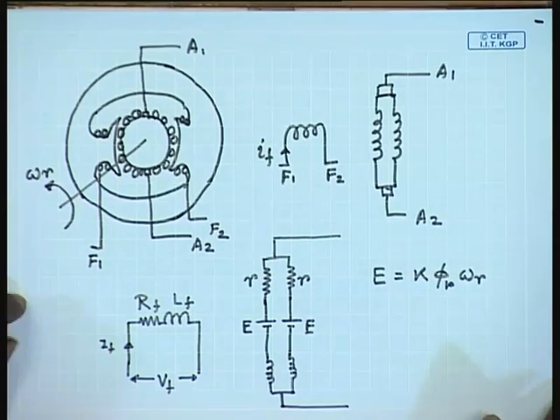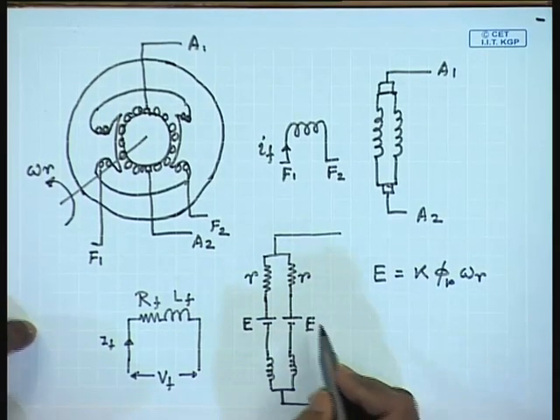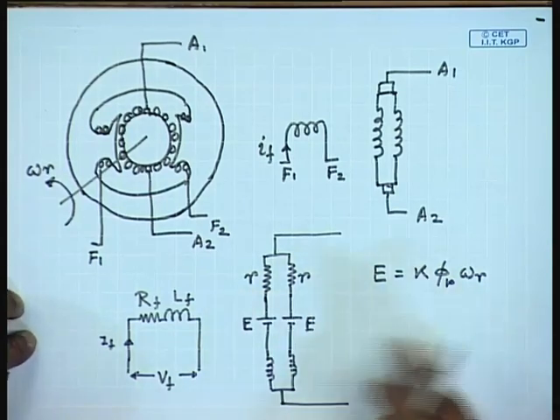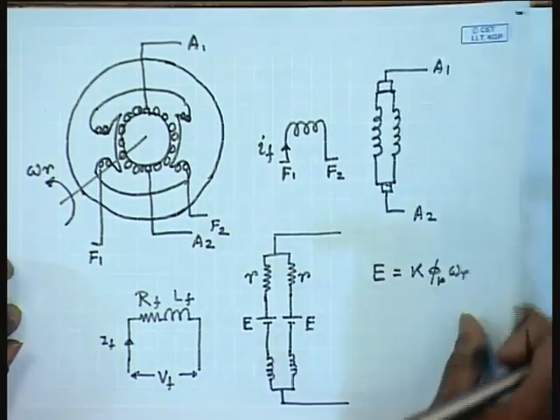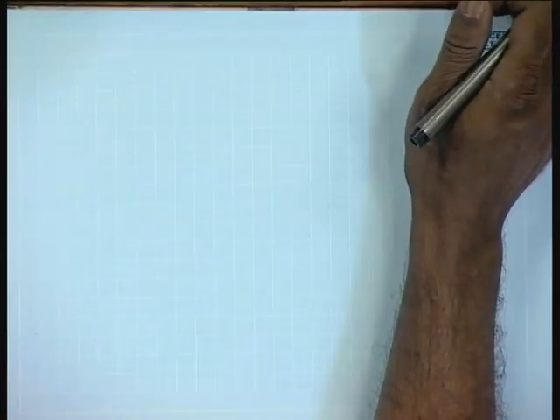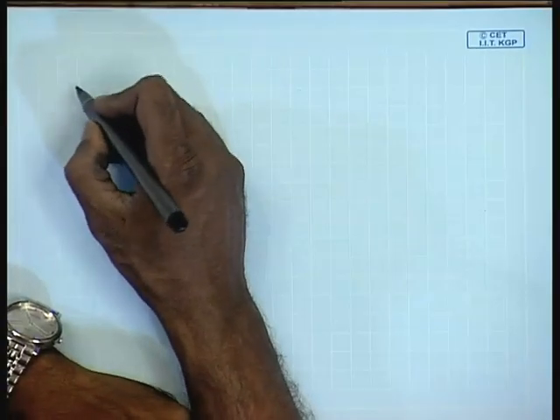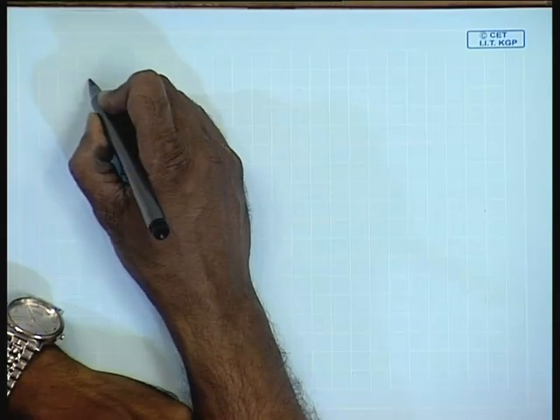Since these windings are identical, the induced voltages are also identical. Therefore, these two parallel branches of a DC machine can be replaced by a single branch.